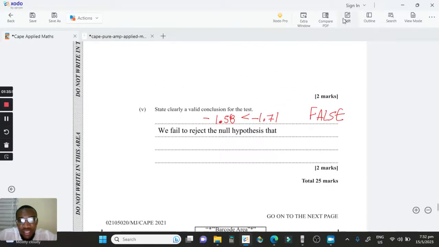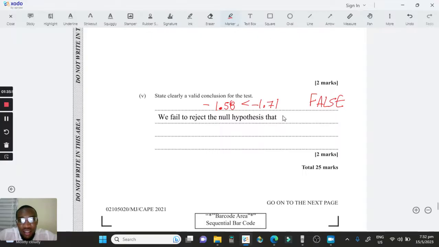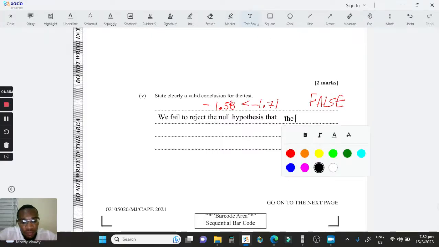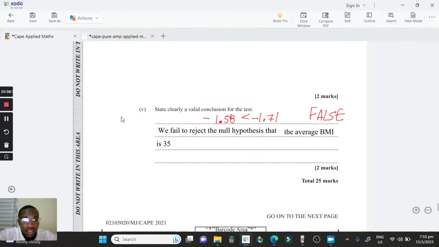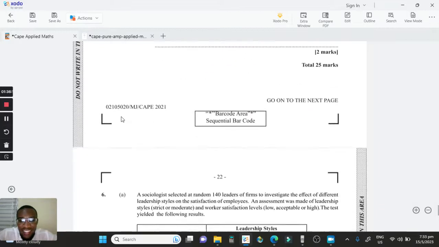So we fail to reject the null hypothesis that the average BMI is 35. Okay, excellent.